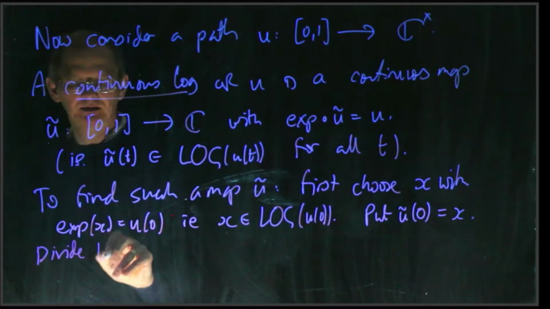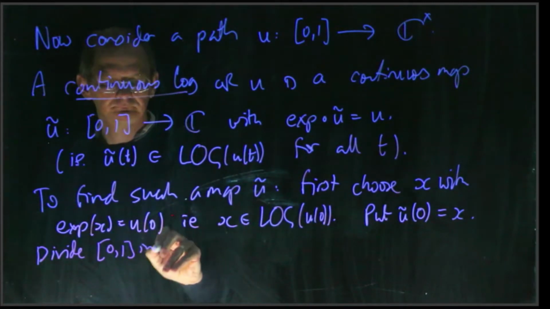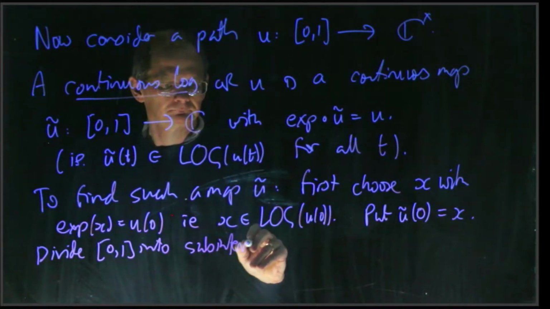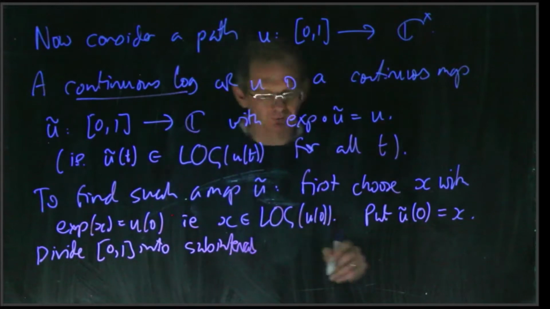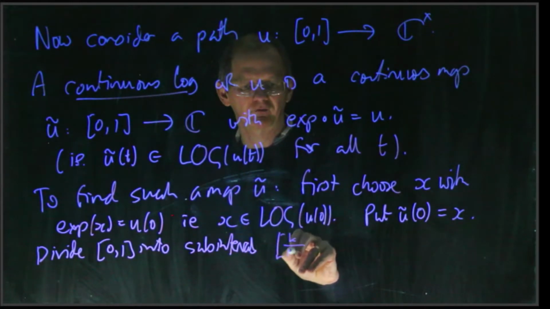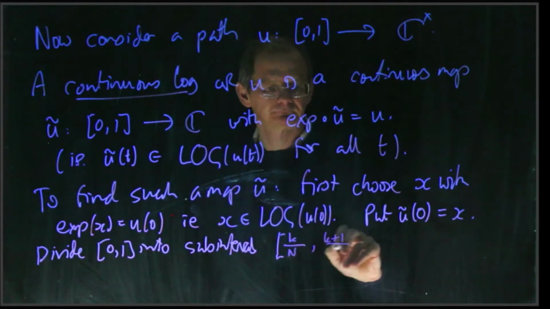And then we define subintervals of 0, 1, which are going to be like k over n to k plus 1 over n.